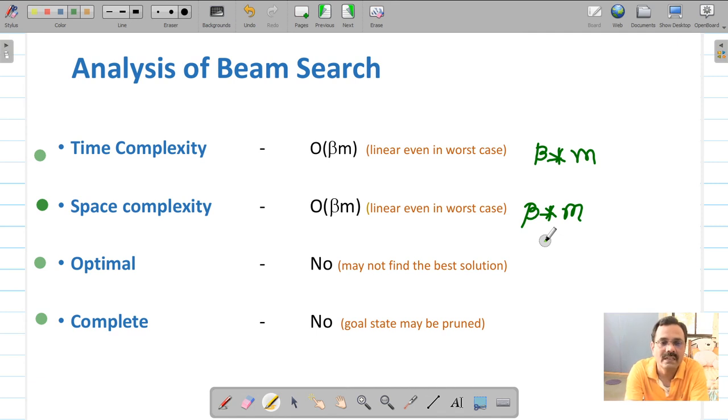So sometimes that can happen. That means the path along with which the goal node is present, since beta is limited, you might not have considered that path, you pruned that path, that node, and algorithm may not give you the solution. So therefore it is not even complete.